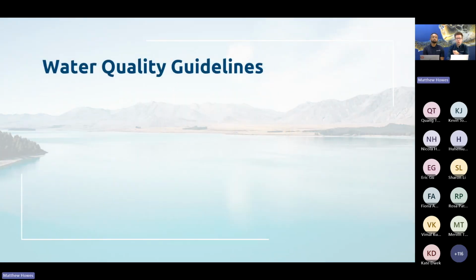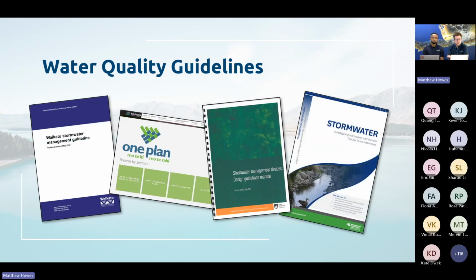So water quality guidelines do exist in New Zealand. Every regional council has a water quality guideline, and then most district councils have a way of implementing that and device selections. They differ across the country, both in outcomes and approaches. So design in Auckland, say, might be different to the requirements for a design in Waikato or Christchurch or Central Otago.